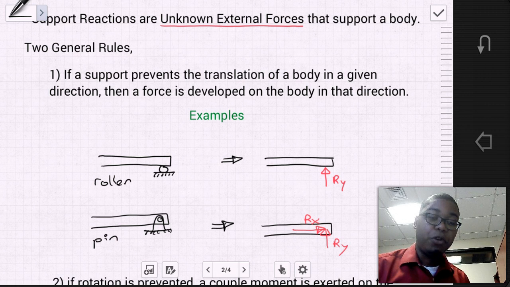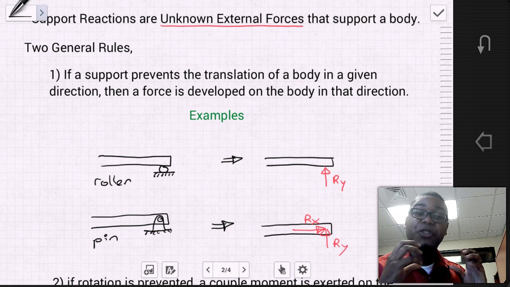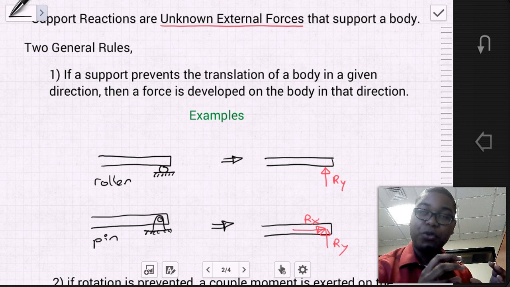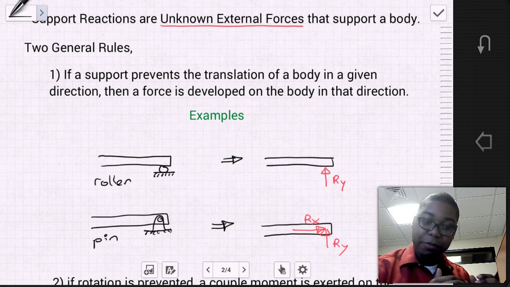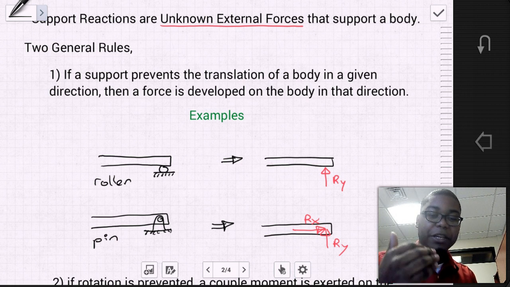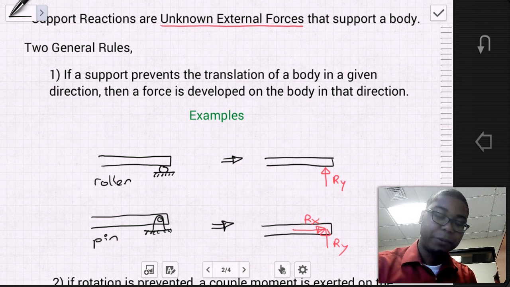But if we try to move the beam in the Y direction, downward, it is prevented from translating due to the support. And that prevented translation is due to a support reaction. The reaction is Ry, which is in compression.